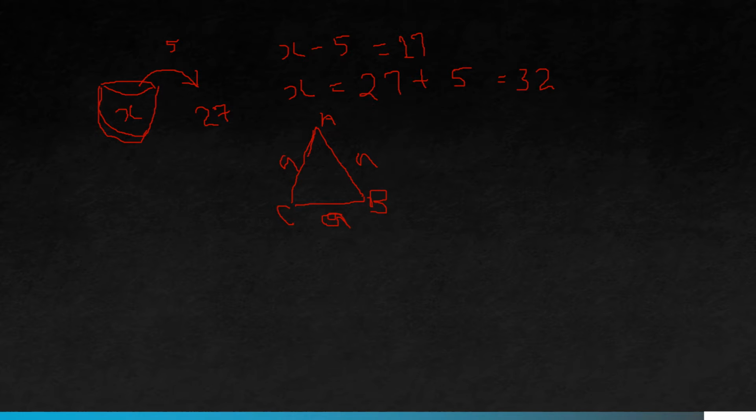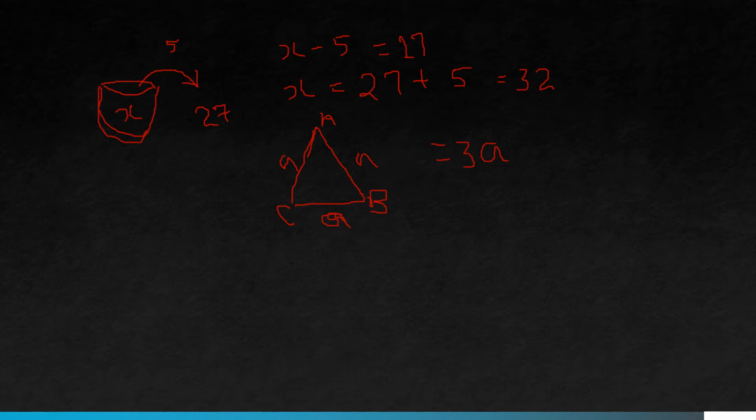A plus A plus A, right? The perimeter will be 3A. We can add these three lines together, so this will be the perimeter.